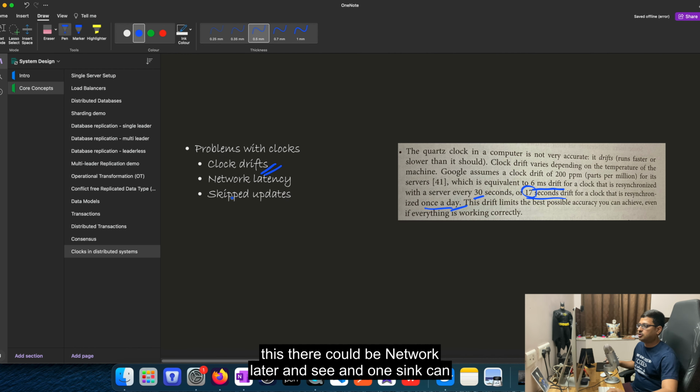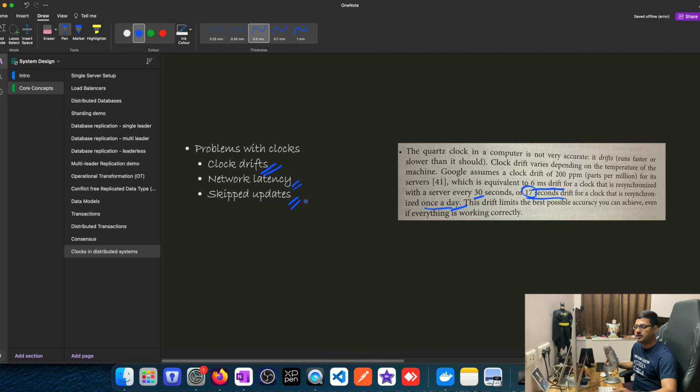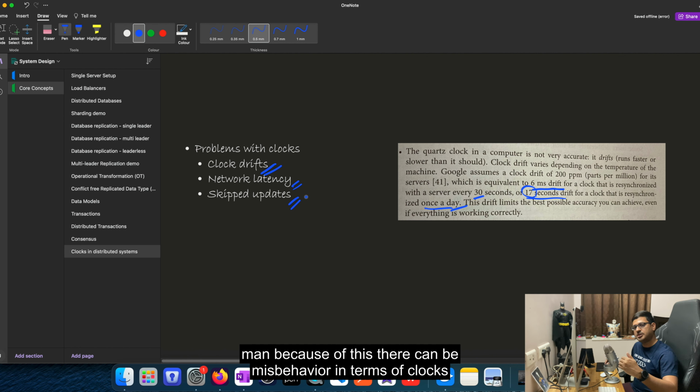Because of this, there could be network latency, and one sync can be faster, other sync can be slower, and because of this we can have latency issues in clocks. And there could also be issues about skipped updates. Some updates may not ever happen, and because of this there can be misbehavior in terms of clocks, and we can notice this if we look at our logs.